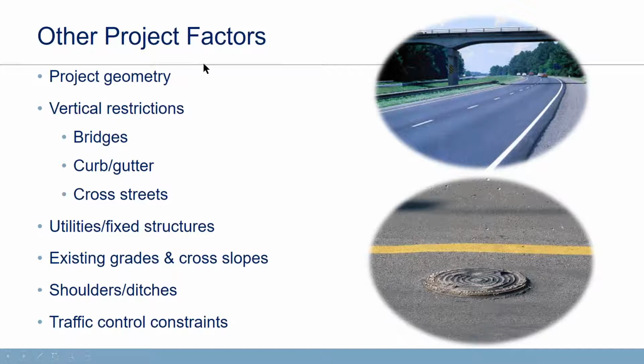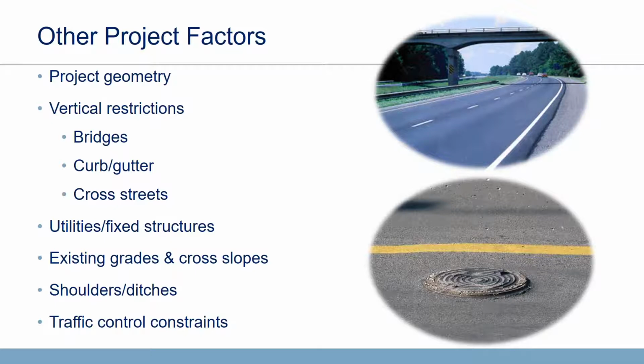Other project factors that might be considered are project geometry and vertical restrictions. Sometimes with regard to project geometry, we run into situations where we may have to change the super elevations in the overlay itself when we're putting it on there. So you need to understand what the impact of that would be as far as increased concrete or something of that nature.